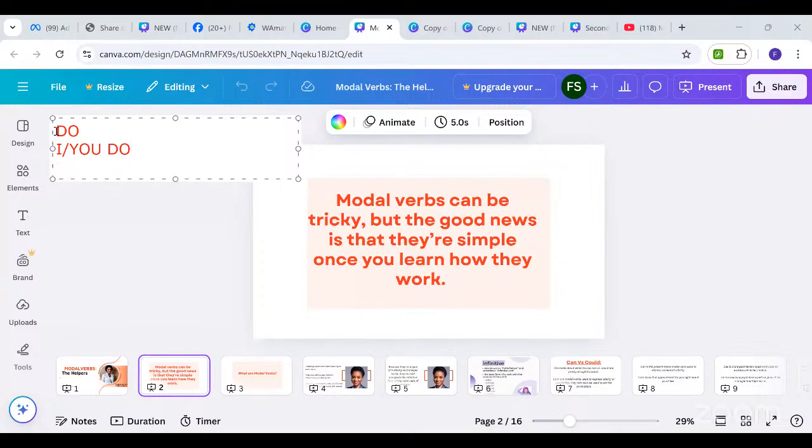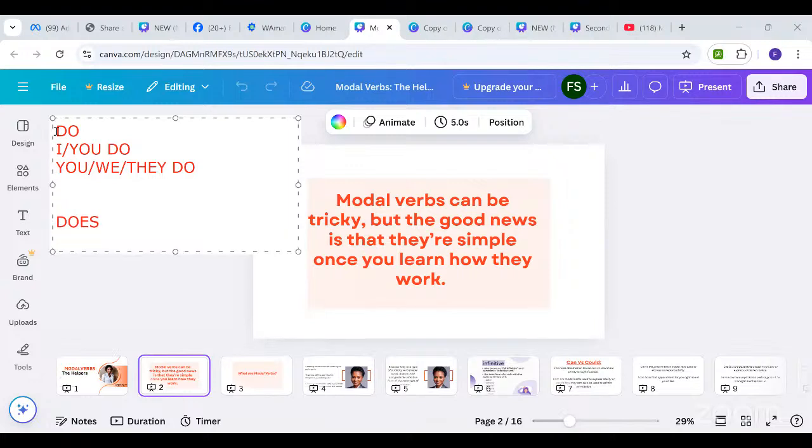Then we can also use it as plural, like you do, we do, or they do. So when we go to does, it is used for third person singular. So he does, she does, or it does.